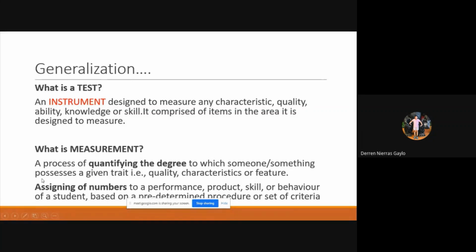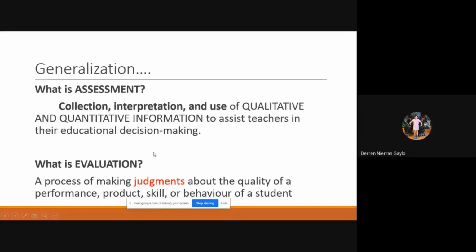It is also assigning of numbers to a performance, product, skill, or behavior. Assessment is the collection, interpretation, and use of quantity and quality information to assist teachers in their educational decision making. While evaluation is the process of making judgments about the quality of a performance, product, skill, or behavior.